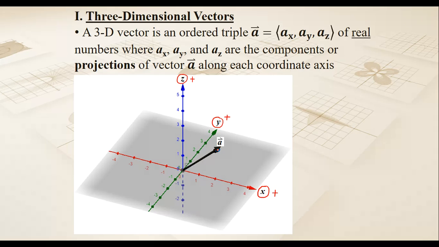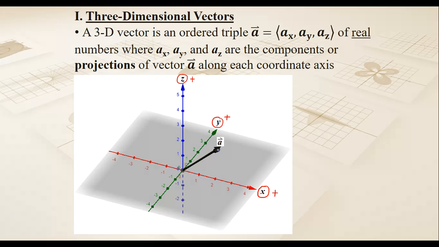An ordered triple is in the form A is equal to, open bracket, Ax, comma, Ay, comma, Az, and then we close the bracket off. And in the ordered triple, in the brackets, those 3 values, Ax, Ay, and Az, they all represent the vector components of this 3-dimensional vector.